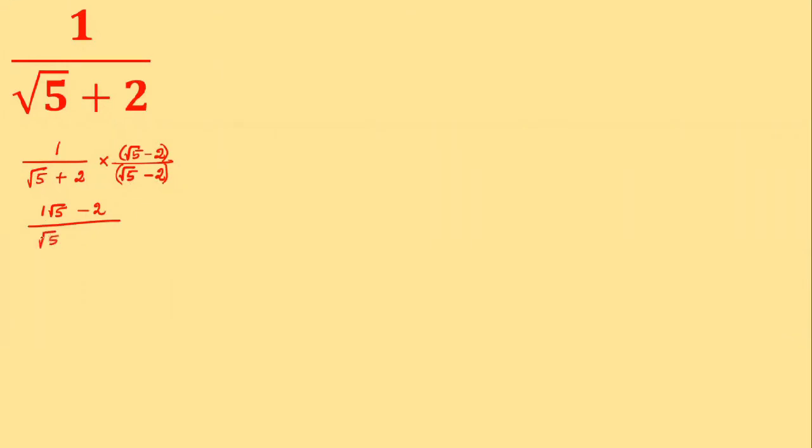That is in the form a plus b into a minus b. It is equal to a square minus b square. Here it is root 5 square minus 2 square. You can write directly, root 5 minus 2 divided by 5 minus 4. Root 5 minus 2 divided by 5 minus 4 is 1. No need of writing 1 in the denominator, that is root 5 minus 2. This is about rationalizing the denominator.